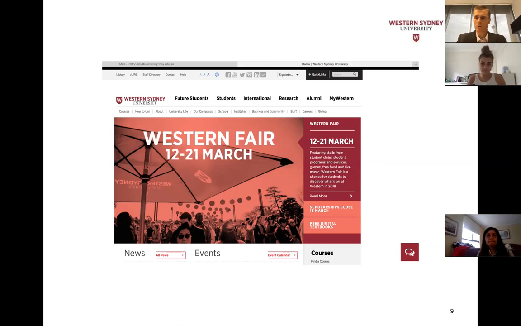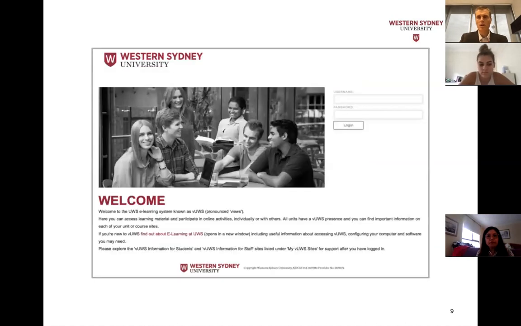Access is via what's called views. So if you're looking at the university homepage and there's just a screenshot of the homepage, you'll see highlighted in a red circle up in the left-hand corner, the acronym views, okay? That's where you click in order to access the homepage.